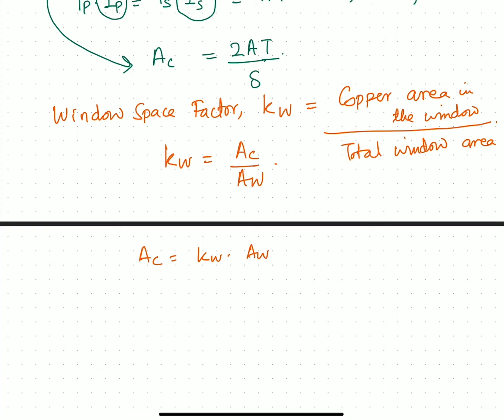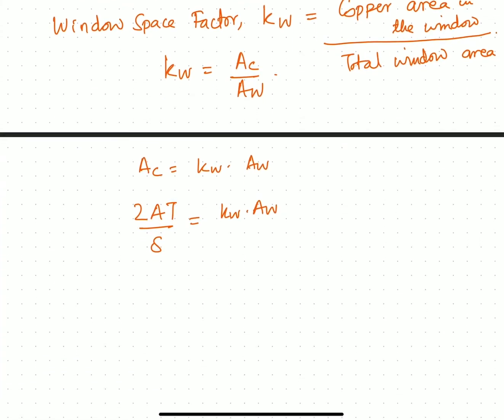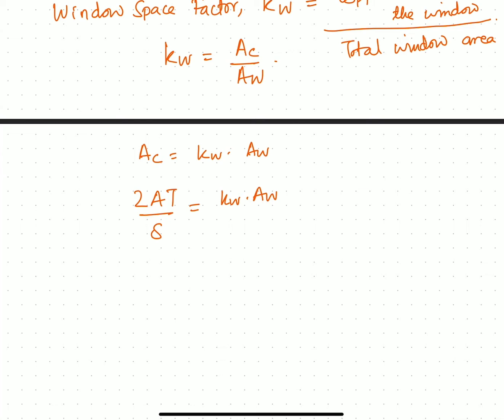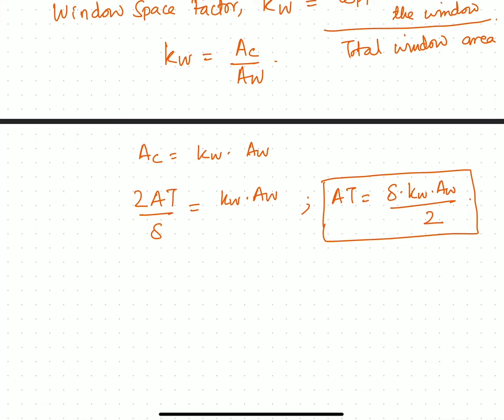So we can say that AT over delta is equal to Kw AW, and then the MMF is equal to delta times Kw AW by 2. This equation we'll use in the equations that follow, so please make a note of it.